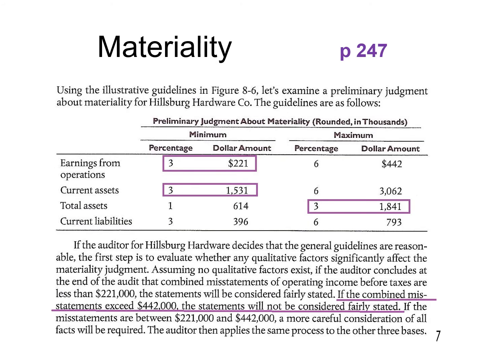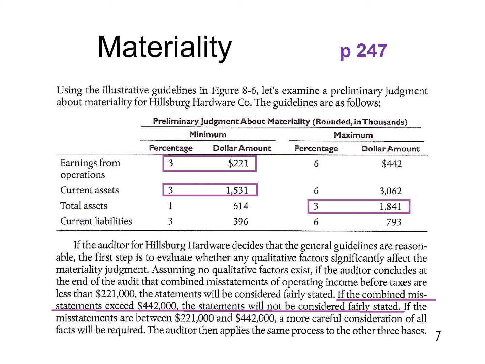Okay. So here's the book has materiality, earnings from operation 221. Current assets, that's the materiality 3%, total assets 1%. So they're going to take this number, this 221, and they're going to double it.